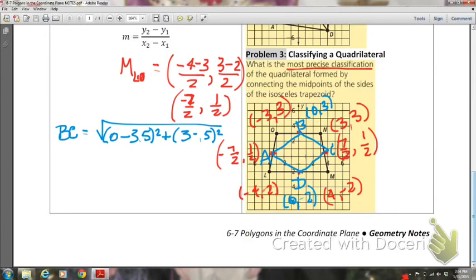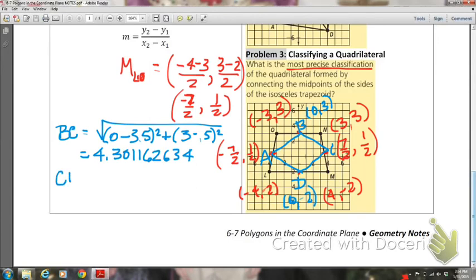Put that in your calculator, and you're going to get 4.301162634. We'll just put several digits out there. Okay, so that was the length of BC.